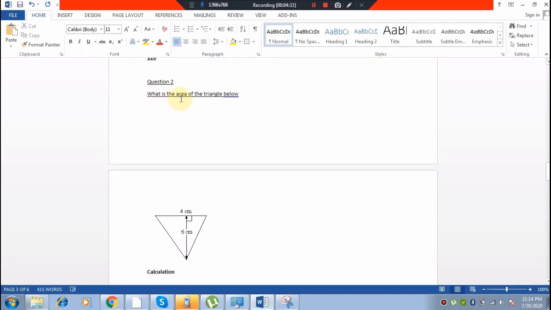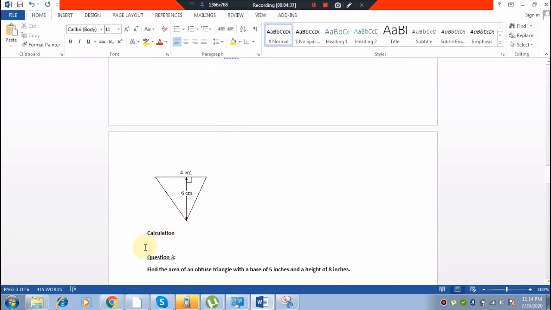What is the area of the triangle below? Again, our formula: half base times height. You can also write this by opening the brackets. What is your base?